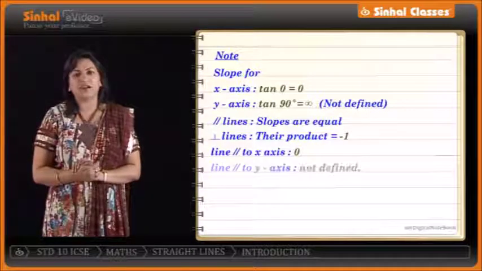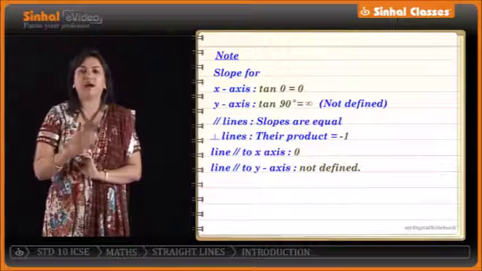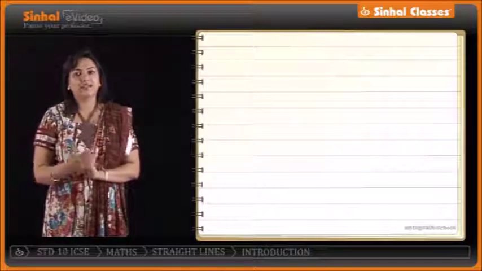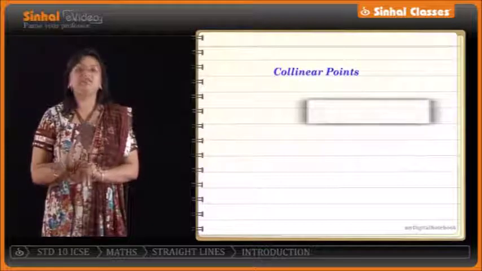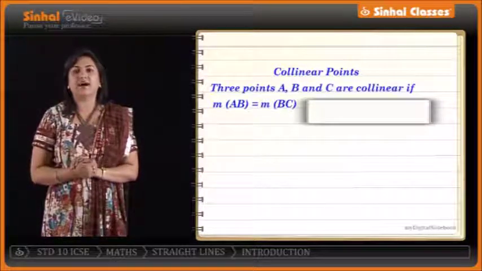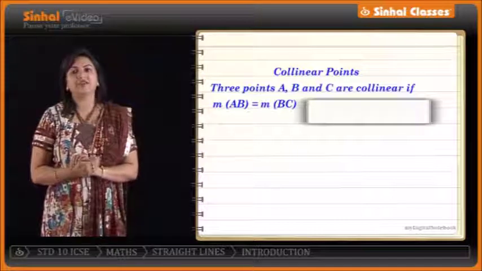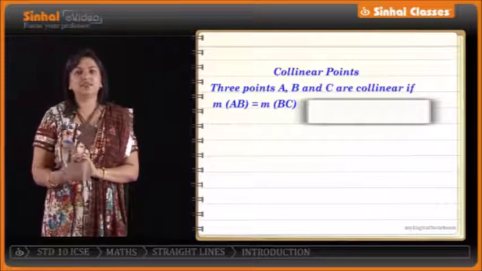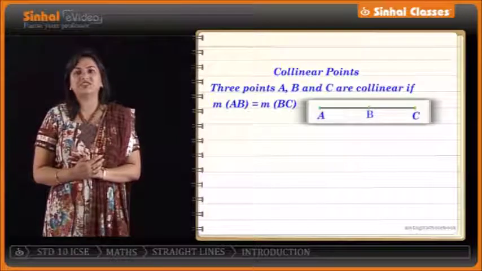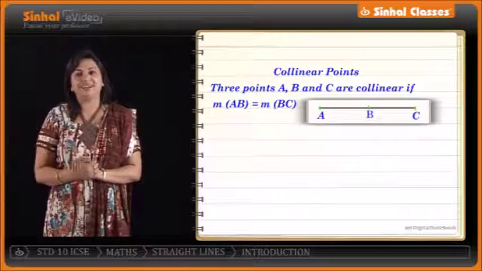Similarly, the slope of a line parallel to the y-axis will be not defined. Now let us take collinear points. We can say 3 points A, B and C are collinear if slope of AB is equal to slope of BC.